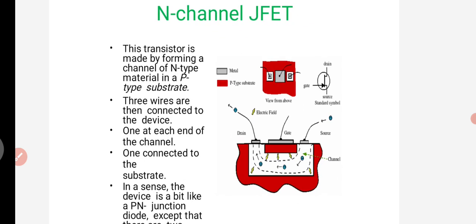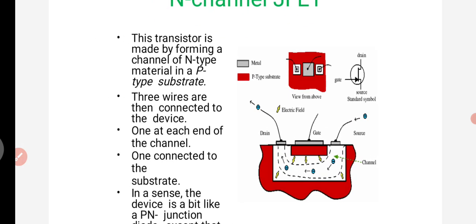Now we go for a brief study of N channel JFET. This transistor is made by forming a channel of N-type material in a P-type substrate. That means you can consider a P-type substrate, and in that we can provide the N-type material as a channel. Three wires are then connected to the device: one at each end of the channel, one connected to the substrate.